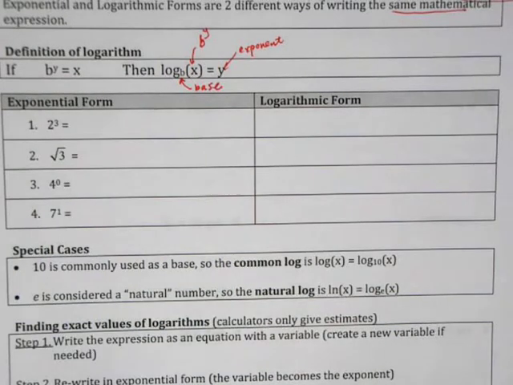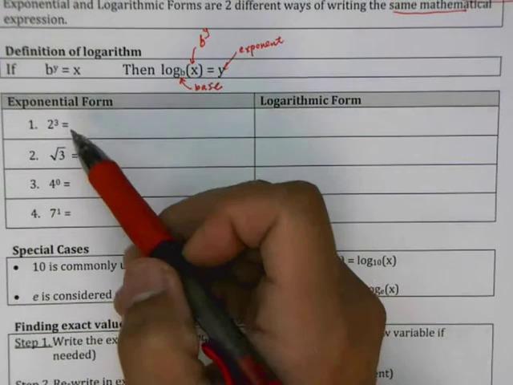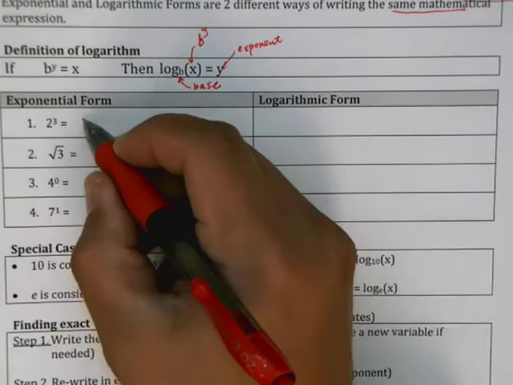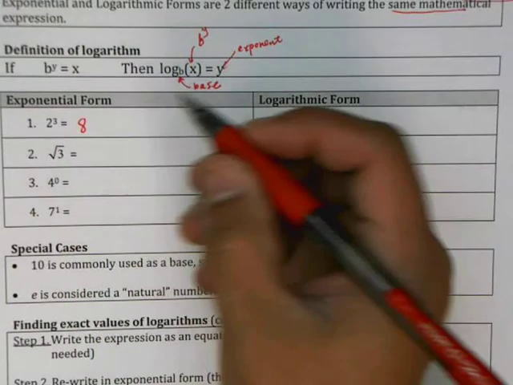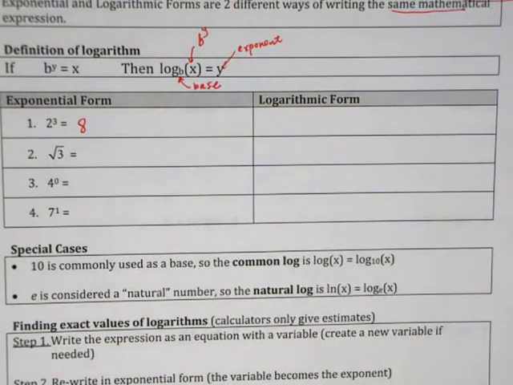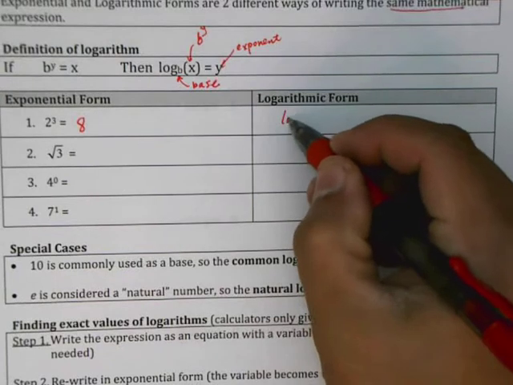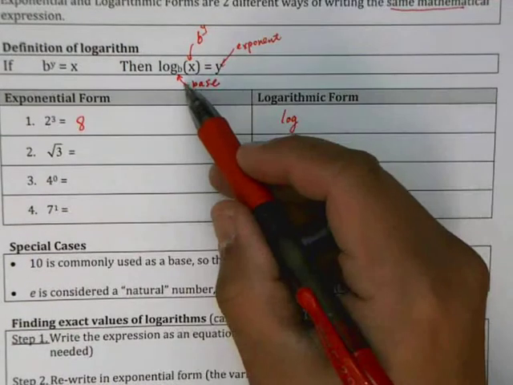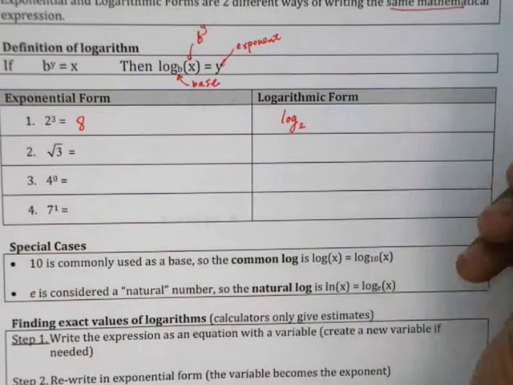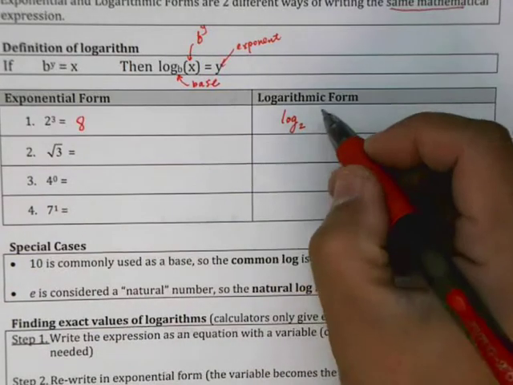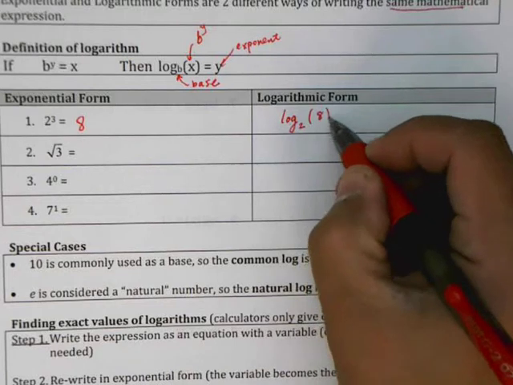And so let's look at some examples here. If I had a problem in exponential form, 2 to the third, you can do this in your calculator. This is going to be 8. And if you wanted to write this in logarithmic form, we're going to need to write log. The base here is 2. Remember, b here is the base. And then 8 goes into these parentheses.